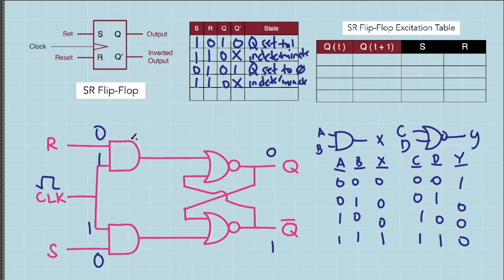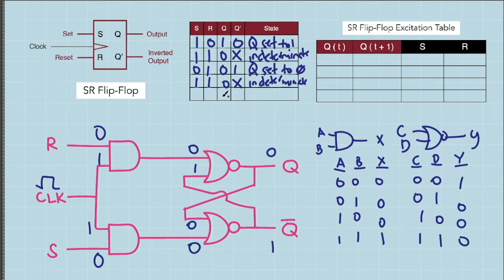So for this first AND gate, this will result in an output of 0. And since this is 1, for this NOR gate, the output would be 0. Next, for this AND gate, since the inputs are 1 and 0, this will result in an output of 0. And since this is 0, the output will be 1.